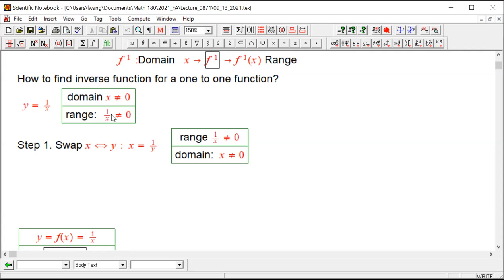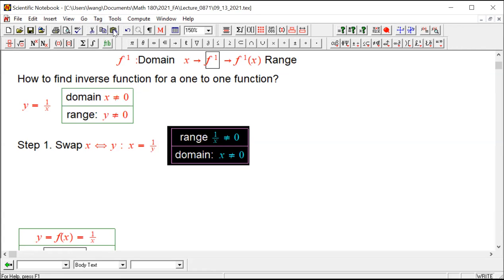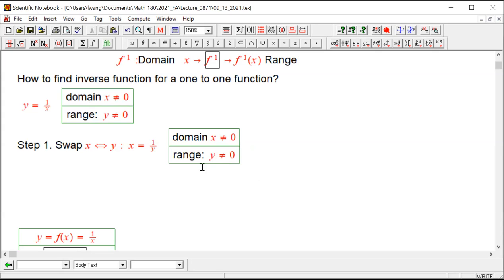But sometimes people like to say, hey, y is not 0. So y is not 0. So we put this over here, just watch this. When we swap these, domain becomes range, and range becomes domain. Input is x, output is y.